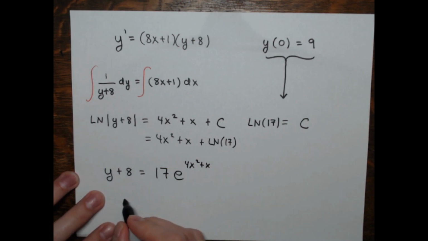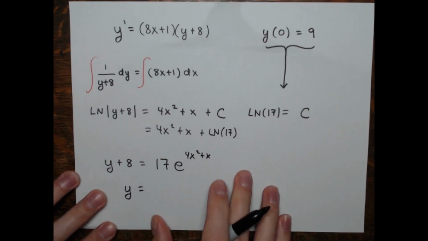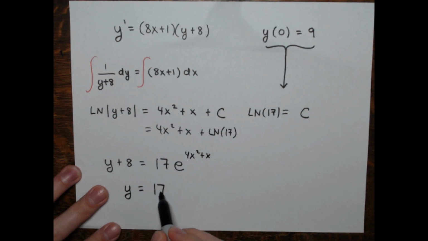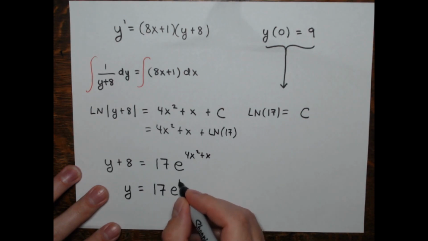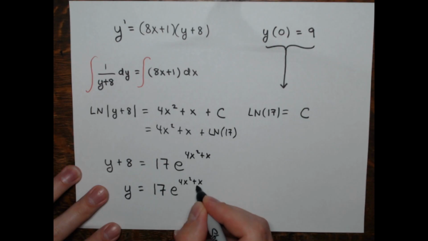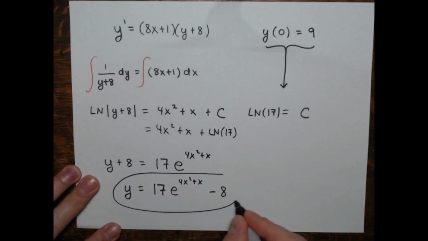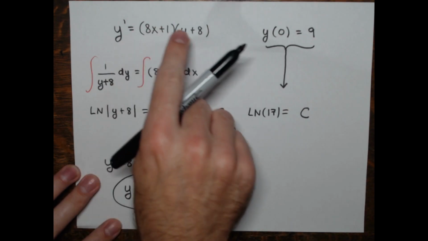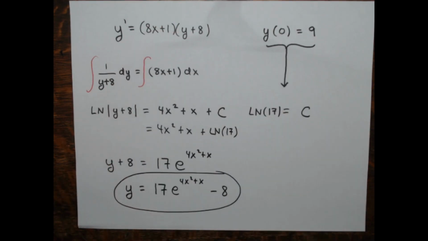And then, of course, subtract 8 to get y alone. Right, so y equals 17 times e to the 4x squared plus x power, and then minus 8. This function here would satisfy the differential equation and the condition that we were given.